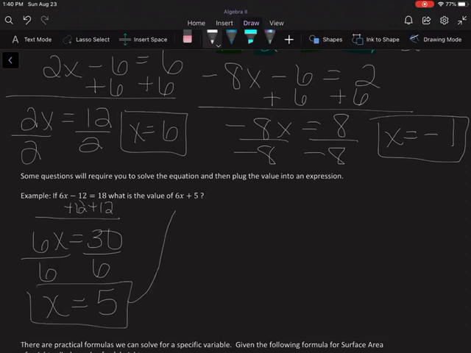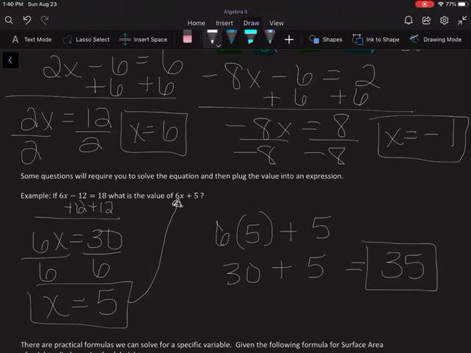So if x is equal to 5, then I have to take that and plug it in there to know the value of that expression. Okay, and my final answer would be 35.